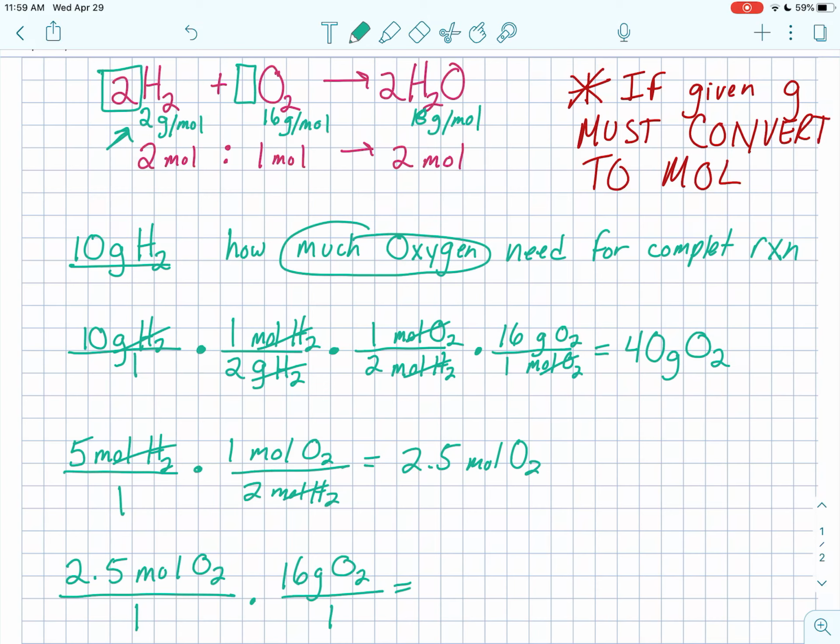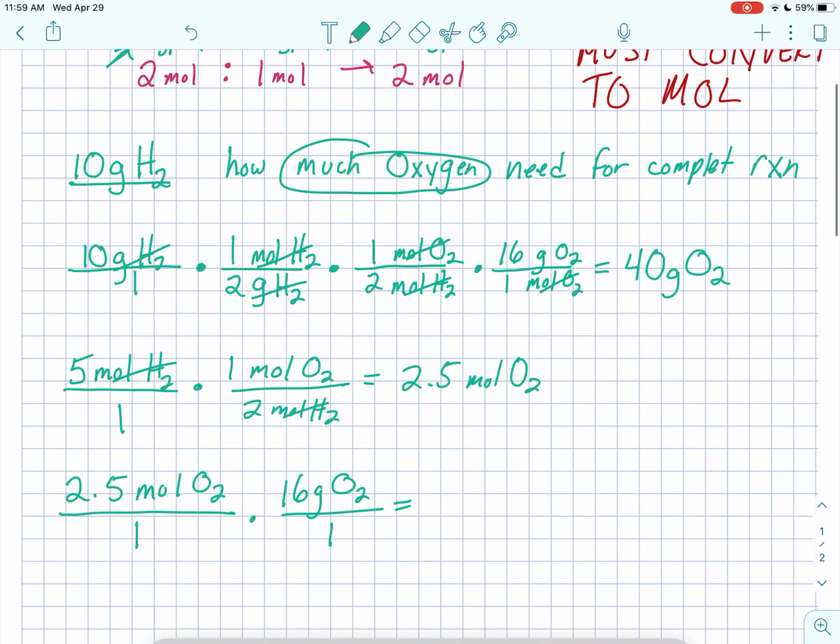This is why I said we can't compare grams. I can't say that I have 10 grams of hydrogen and 10 grams of oxygen, and so it's equal, it will work. That's not how it works, okay? So by doing this, this is how we can compare using our various different ratios.